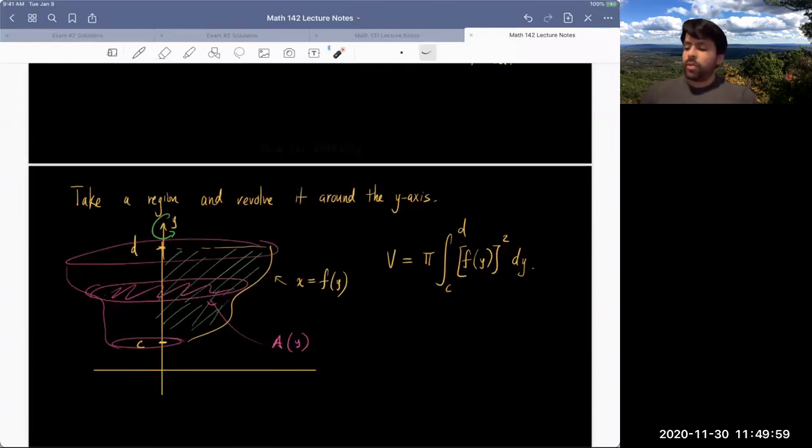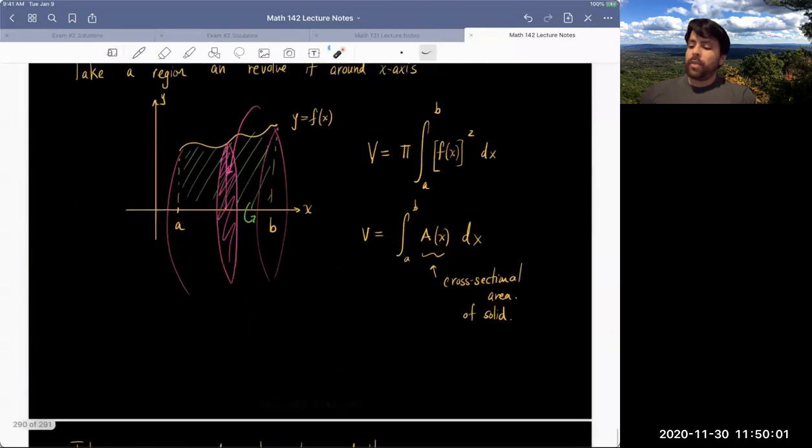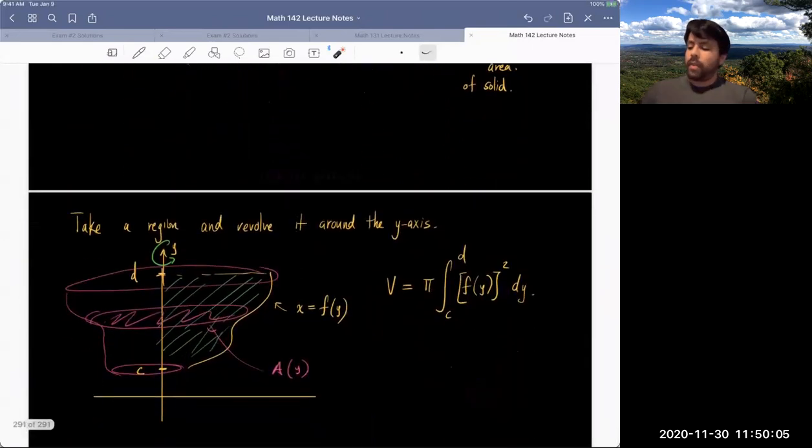And my x values are going to be the bounds of integration for this example, and my upper and lower y values will be the integration bounds for these kind of examples. Does that make sense? This is known as the disk method.